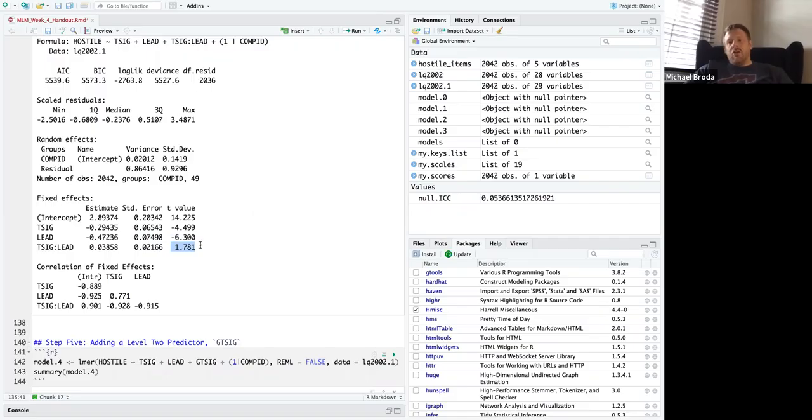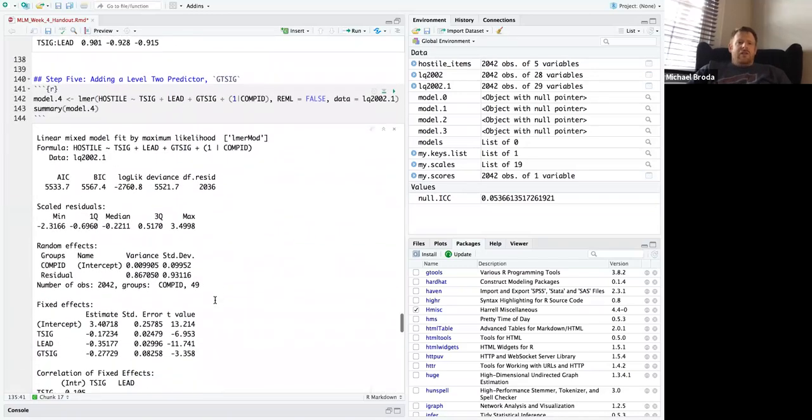That is really close. So I might hold that one in the back of my mind. I'm going to show you in a moment how to compare statistically, because I probably need a p-value for that one. I want to know for sure whether or not I should include that interaction, because that one is pretty close. So let's hold that one in the back of our mind.